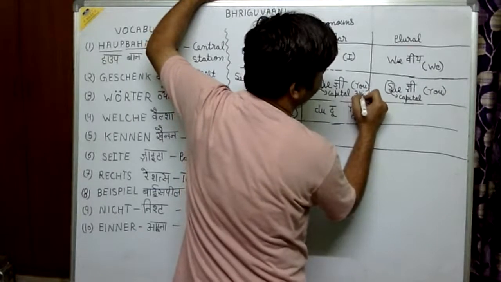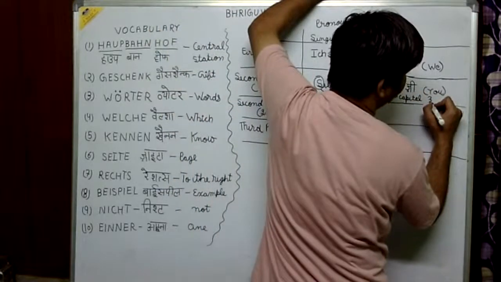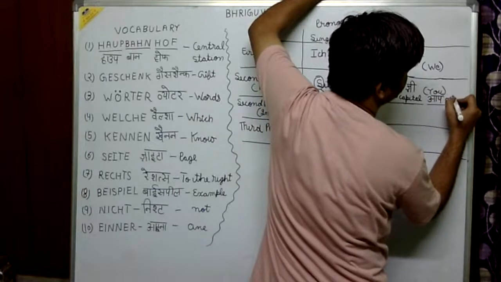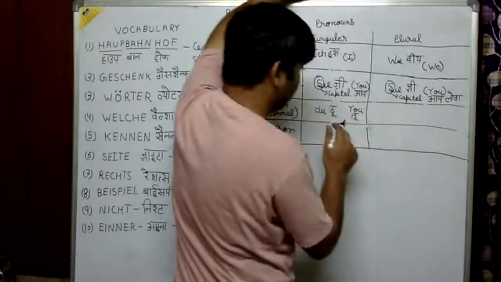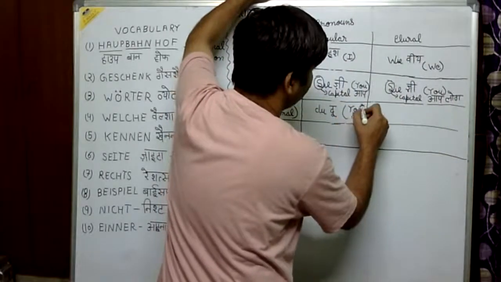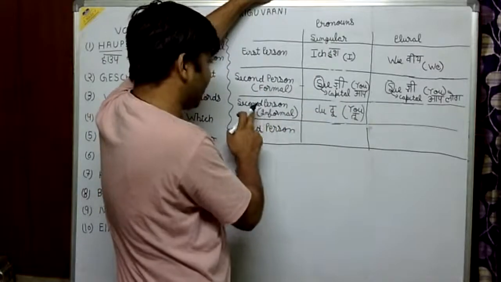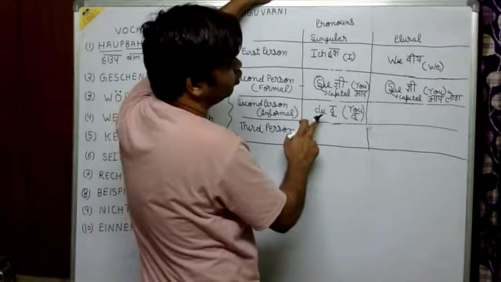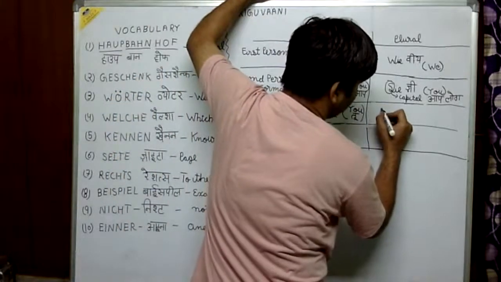Here I write aap and here I write aap log. Here I have written tu. For tu, we say du. For second person informal in singular, we say du. And for plural, we say ihr.